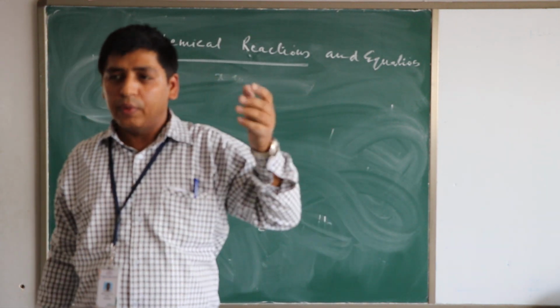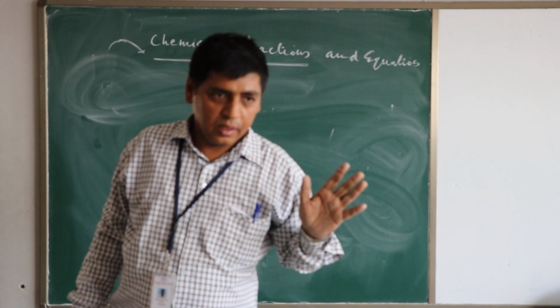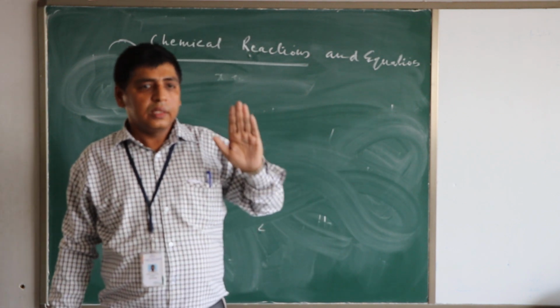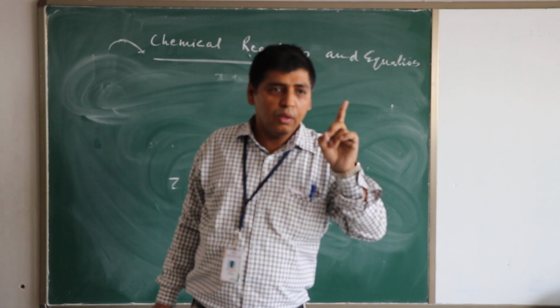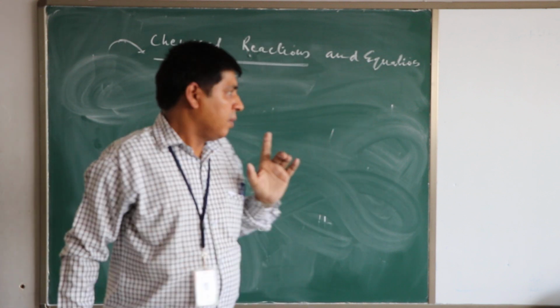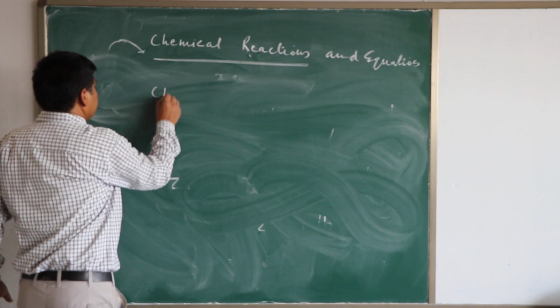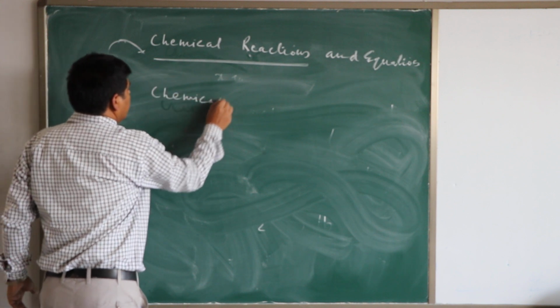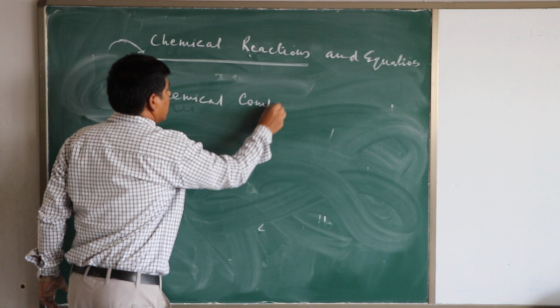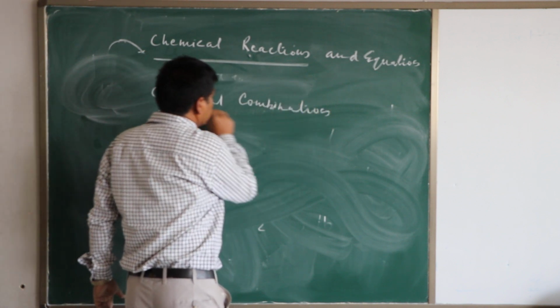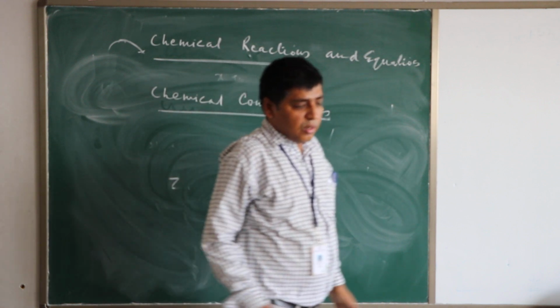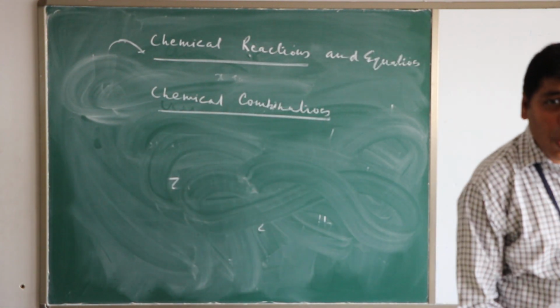This is an example of a chemical reaction. Now you have some different types of chemical reactions. Today I will tell you one type: chemical combination reactions.